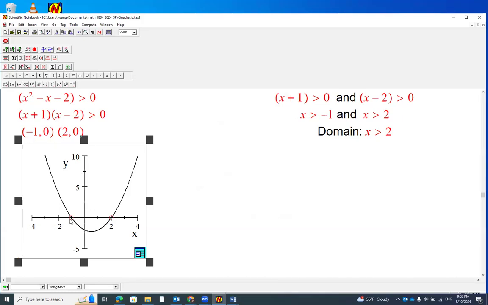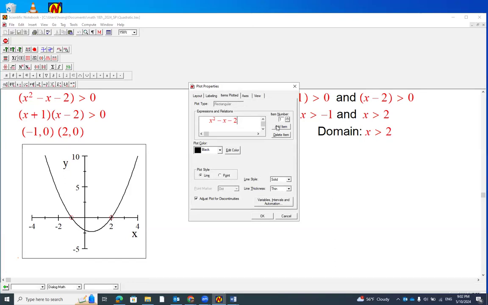So what are the solutions? The solutions will be less than -1 or greater than 2. So I'm going to mark those points. You don't have to worry about how to use the software. So that's where the solution is.